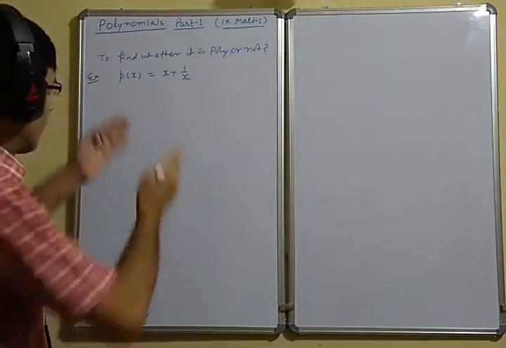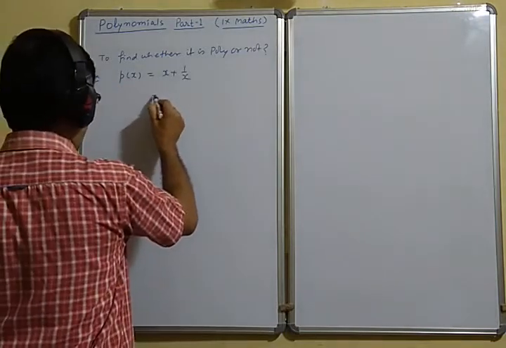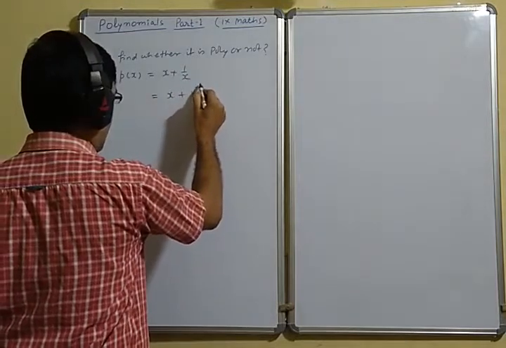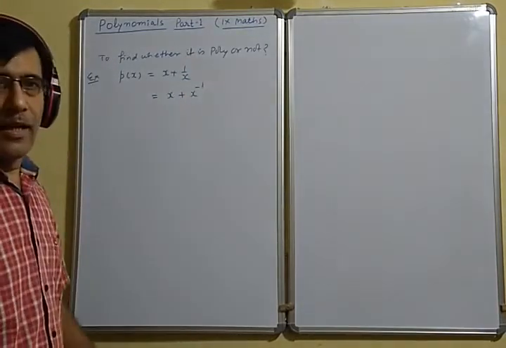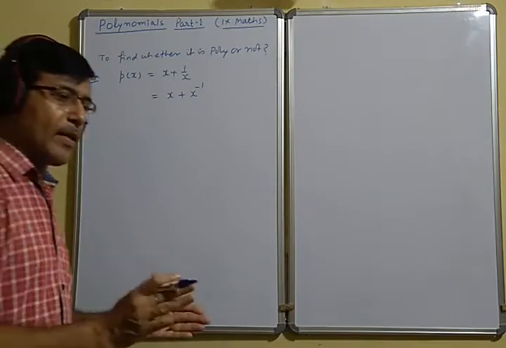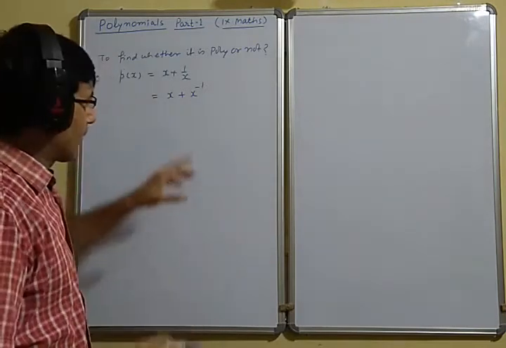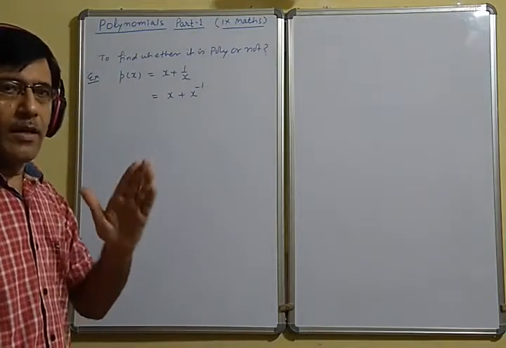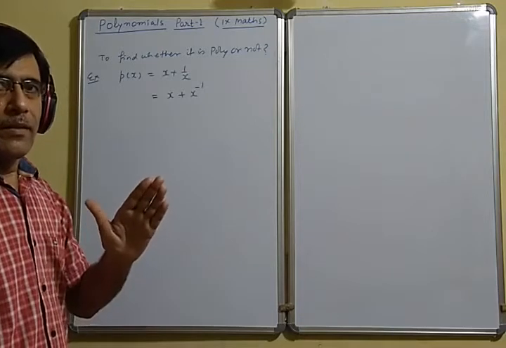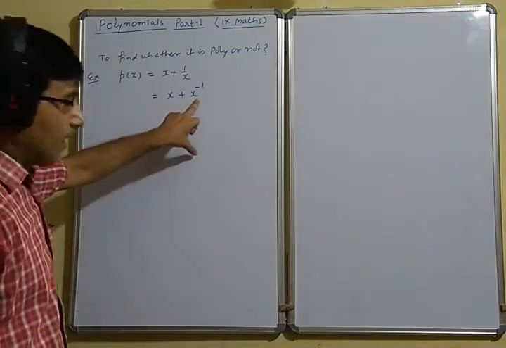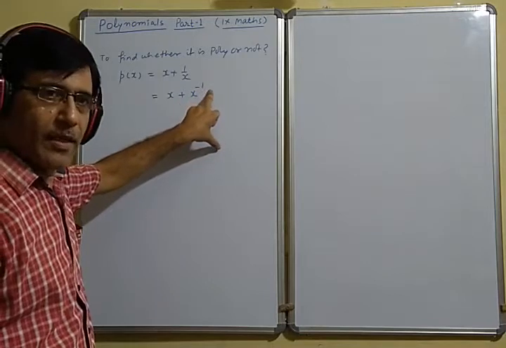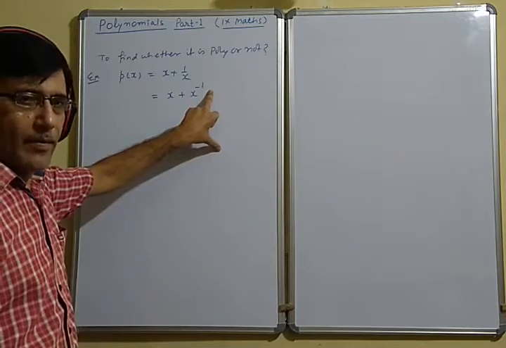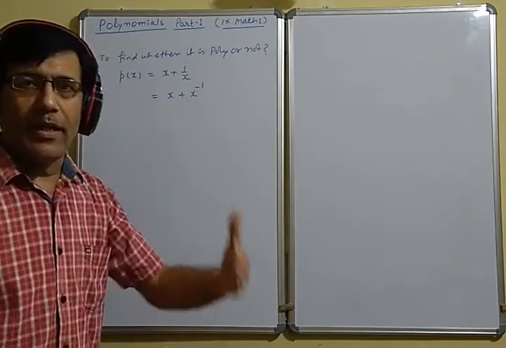Definition we know. So this expression can be written as x plus 1 upon x, which can be written as x raised to power minus 1. In that definition, the exponent cannot be negative. Here minus 1 is a negative integer, but by definition it should be a non-negative integer.